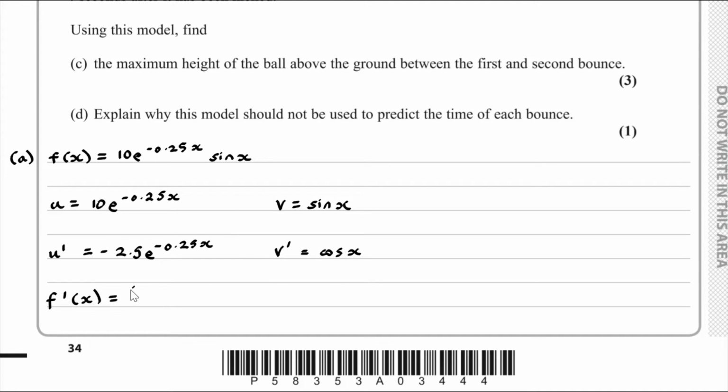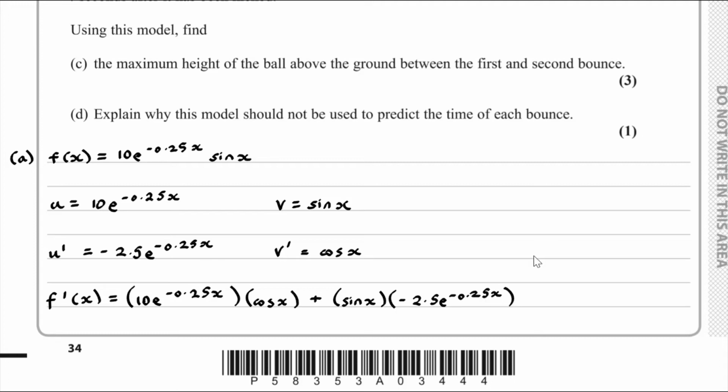So we have 10e to the minus 0.25x times v dash plus, so we have uv dash plus vu dash, so we add on sine x multiplied by minus 2.5 e to the minus 0.25x.